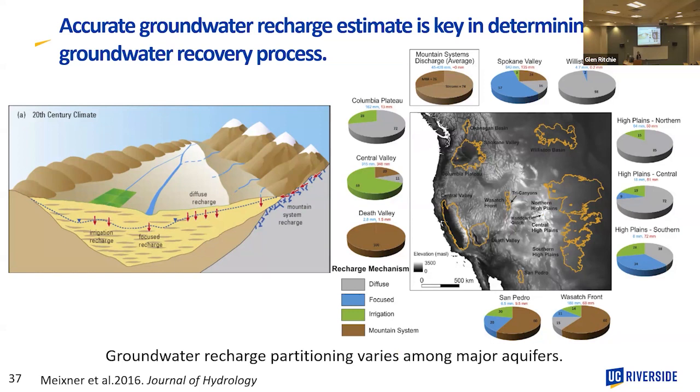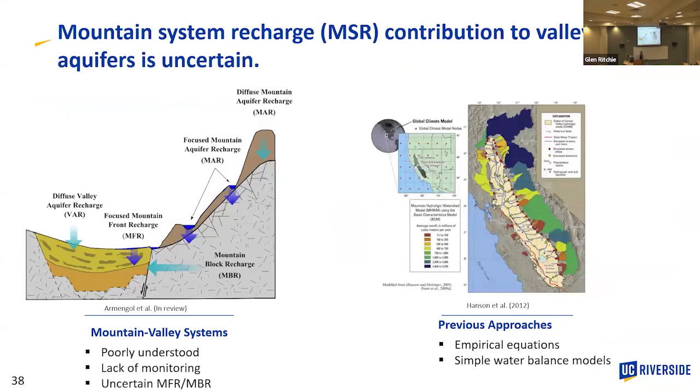And I'm focusing on mountainous areas because these are the regions that receive higher precipitation, particularly in the form of snow. And if there is going to be less snow in the future, the question is how groundwater recharge processes will change in these regions.